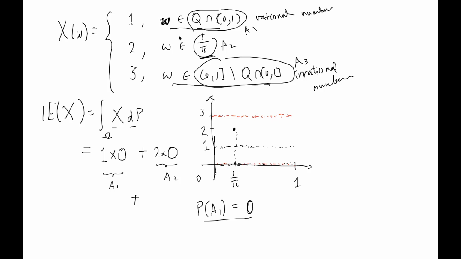The measure is 1, right? Because this is the unit interval without the countable set, right? So when you measure this, it is 1. All right, the measure is 1. And then you are multiplying with the infimum of these values here, so it's 3. So the answer here is 3. Okay?